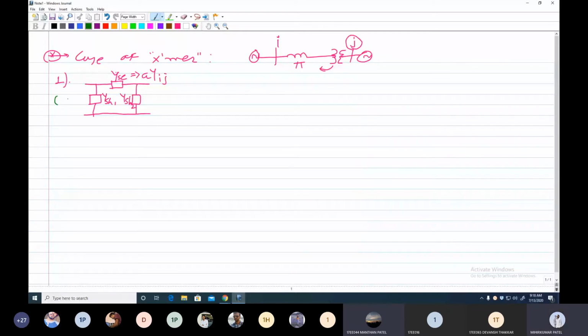YSH1, shunt element 1, or the value offered by the shunt element at the left side of the pi network, is Yi0 plus Yij. You can refer from the matrix also. Clear?